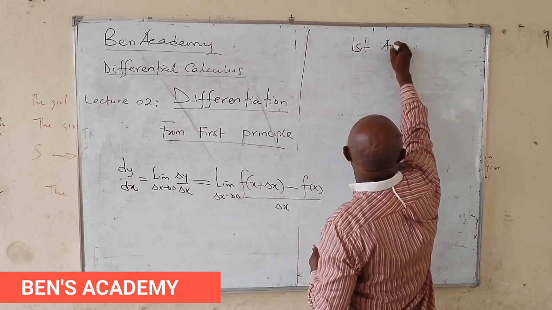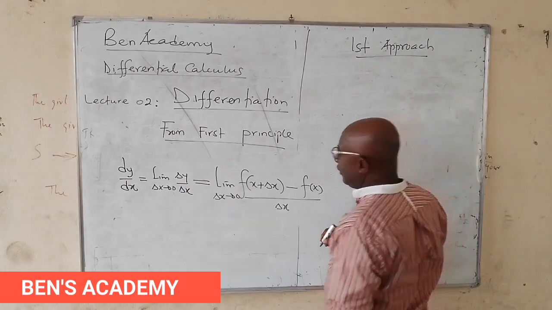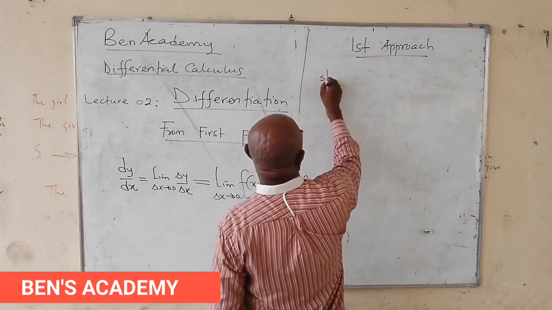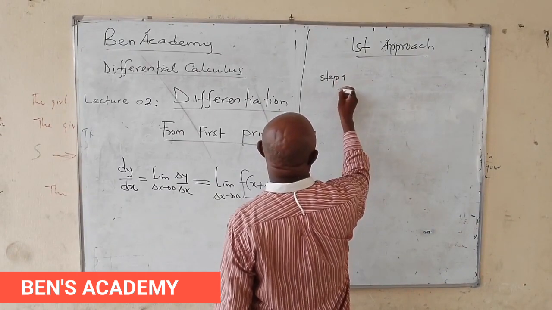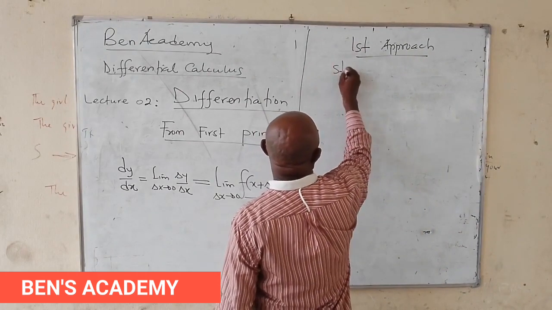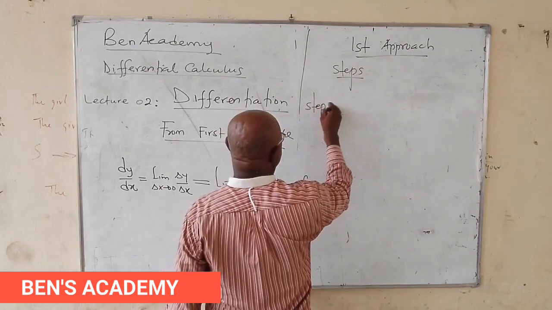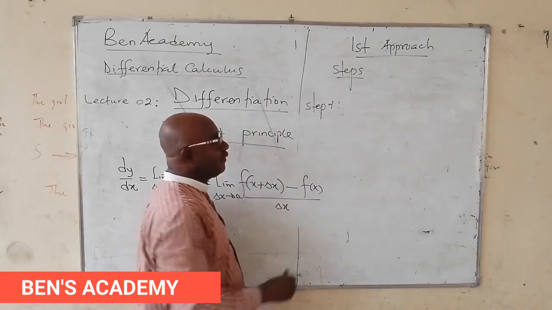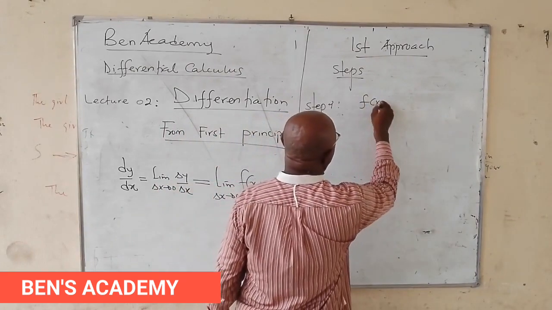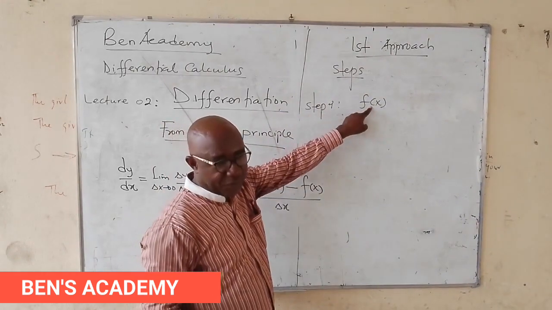In the first approach, there are steps. Step 1: you must first find f of x, and the f of x will be given to you.